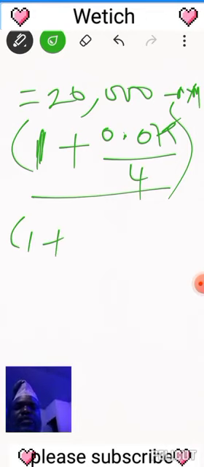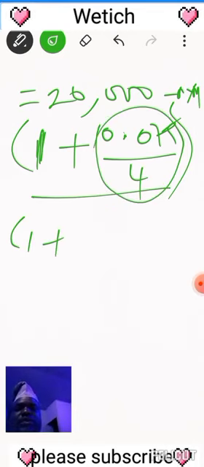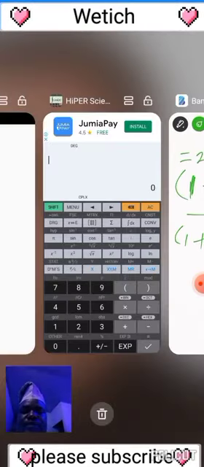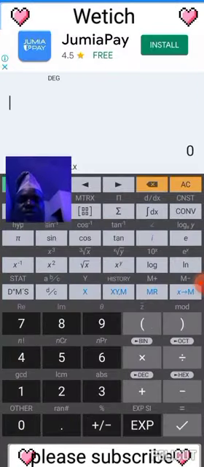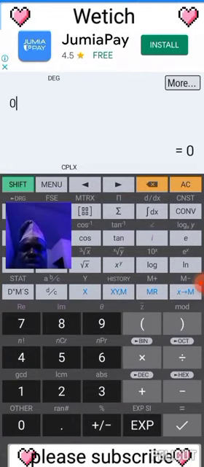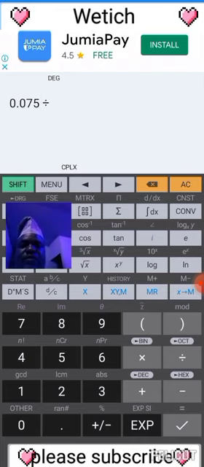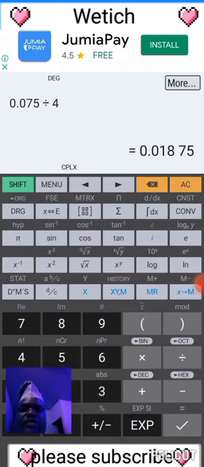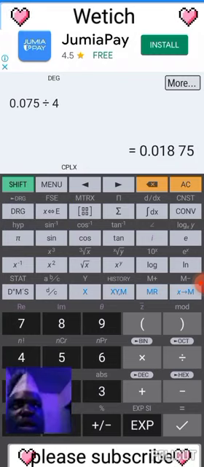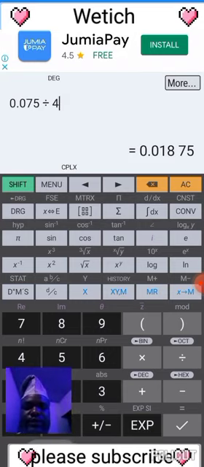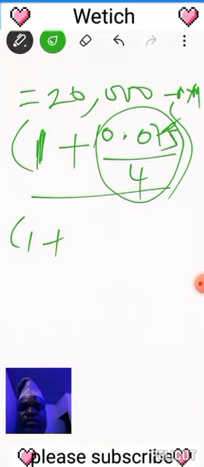Now let's solve for 0.075 divided by 4. Let's move over to our calculator. 0.075 divided by 4 gives 0.019, to 3 decimal points.